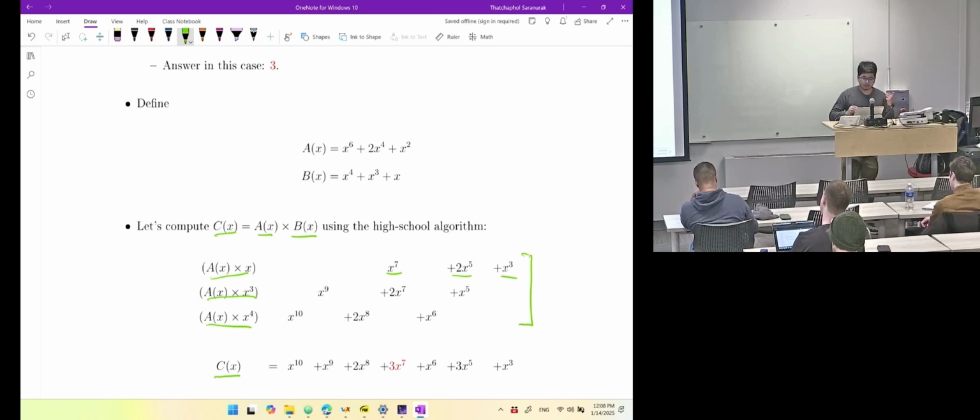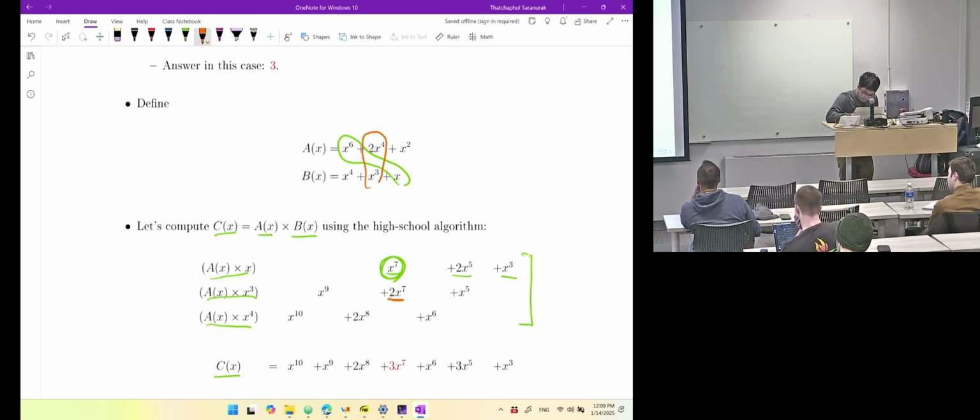Because you can see that the way you get this term, for example, is from this pair, and the way you get this one is from this pair. So there is one way to get 7, another 2 ways to get 7, and then they add up to 3.